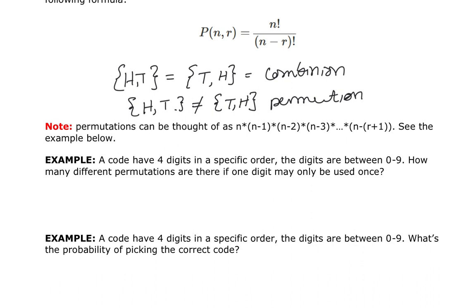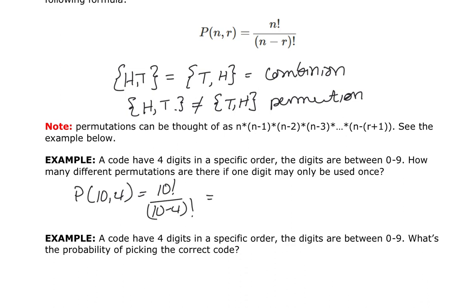So in this example, we would have P, and I would have 10 choose 4. And you're like, why 10? Well, because if you count 0 as being a number all the way up to 9, there's 10 possible numbers from 0 to 9. So this would be 10 factorial over 10 minus 4 factorial.